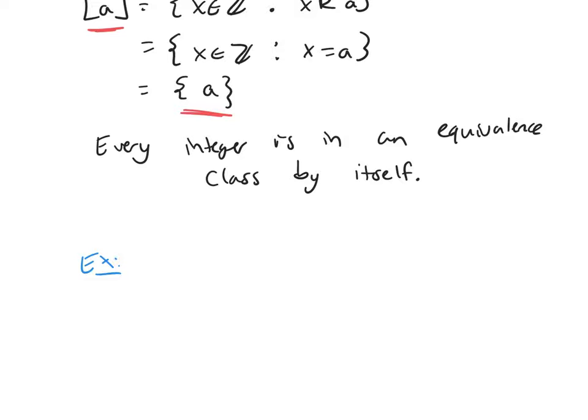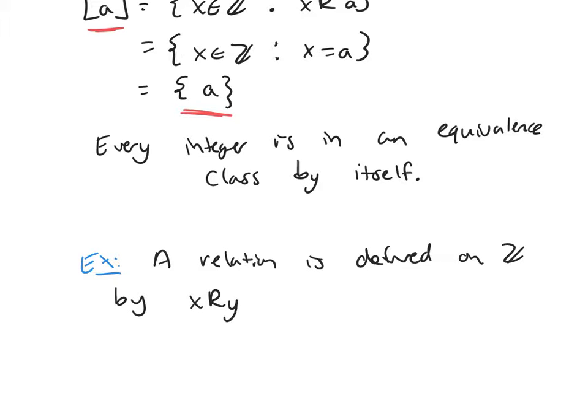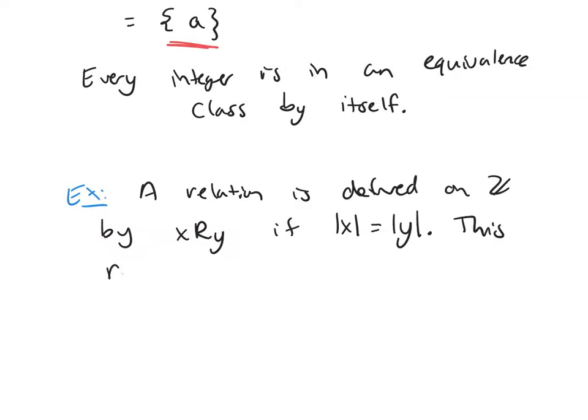Let's say a relation is defined on Z by X relates to Y if the absolute value of X equals the absolute value of Y. I'm going to go ahead and tell you that this relation is also an equivalence relation.